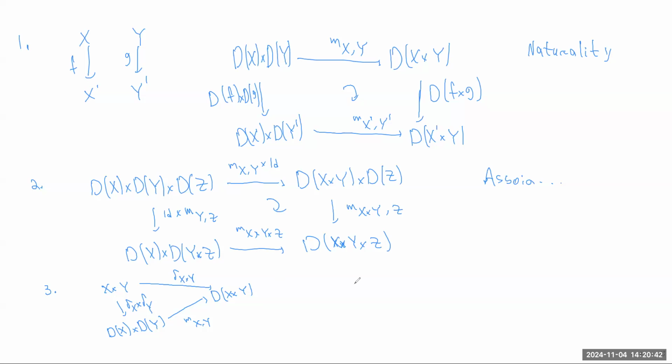The other thing for the multiplication: if we have D of DX cross DY, we can do mu of this and mu of this to go to DX cross DY, and then do the multiplication.